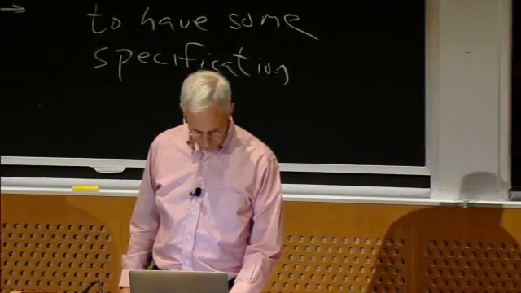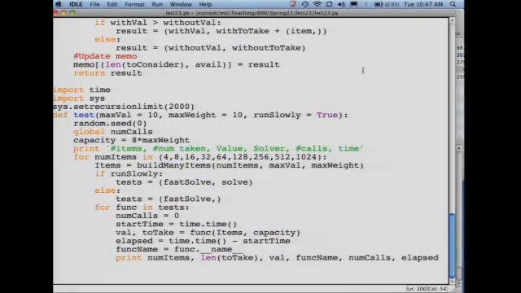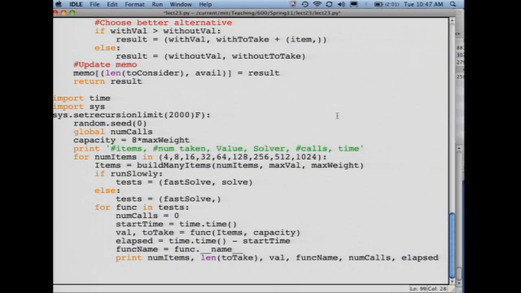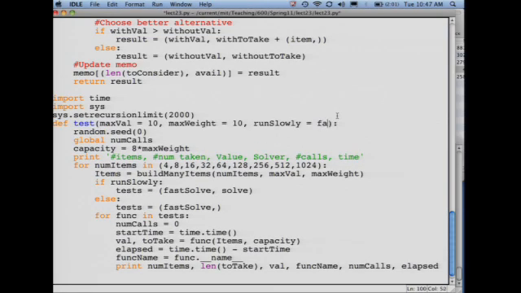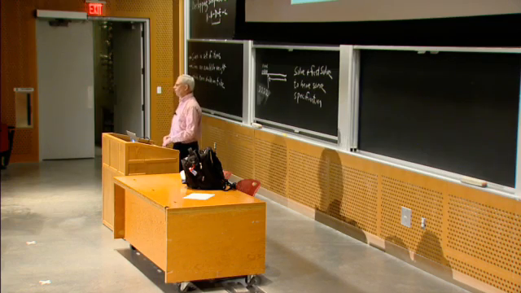And in fact, we're not going to wait that long. We'll interrupt it. So let's see how well fastSolve works. Whoops. We just call that. So we'll set this to false.